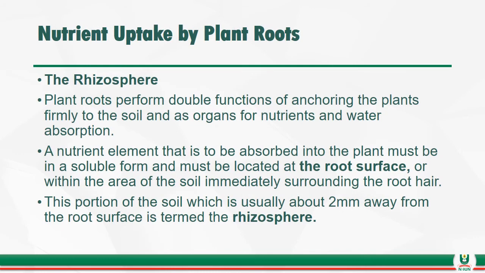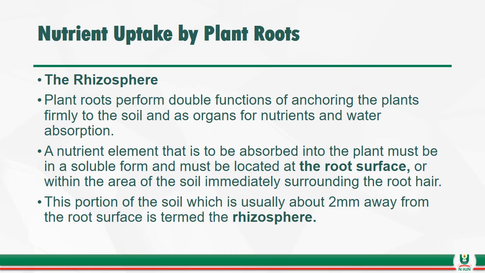Now, nutrient uptake by plant roots. The rhizosphere plays a very important role when it comes to root uptake of plant nutrients. Plant roots perform the double function of anchoring the plant firmly to the soil, and serving as organs for nutrient and water absorption.